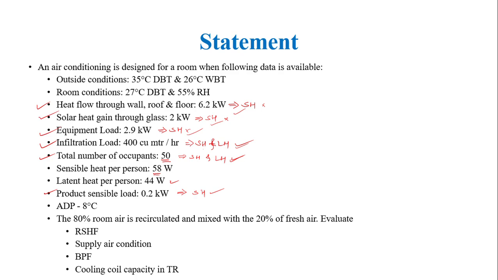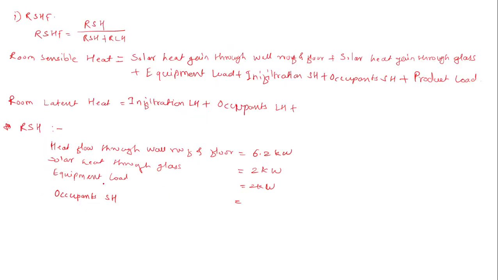So the occupant sensible heat is the number of occupants into sensible heat per person. Number of occupants are 50 into 58.